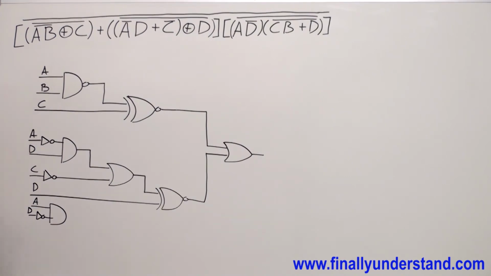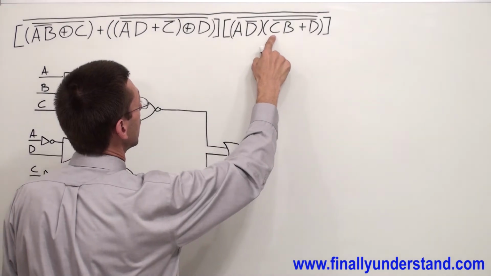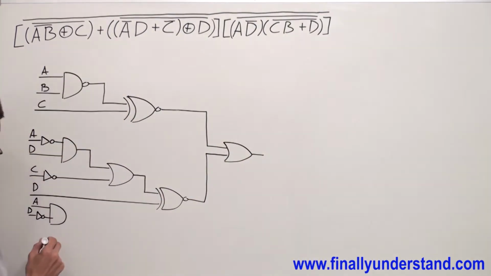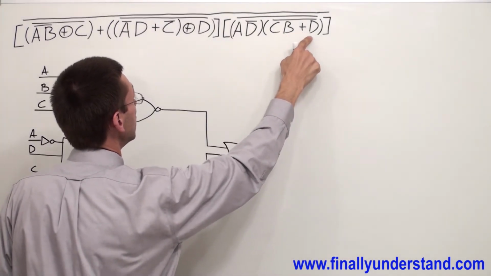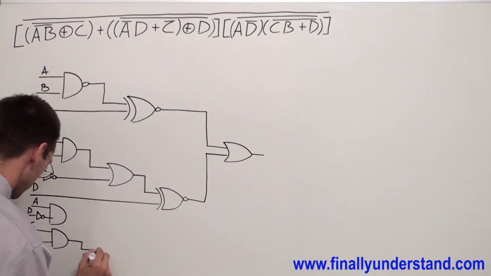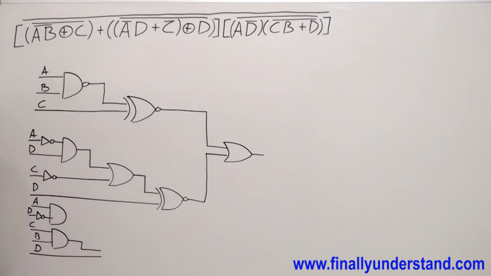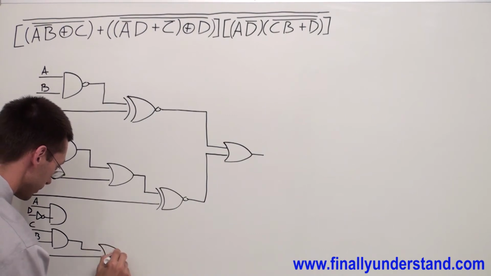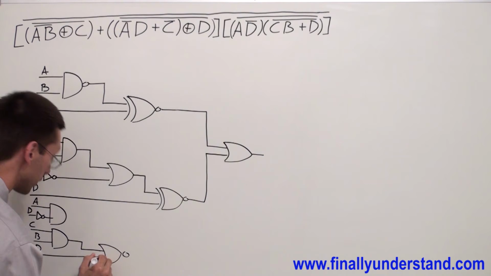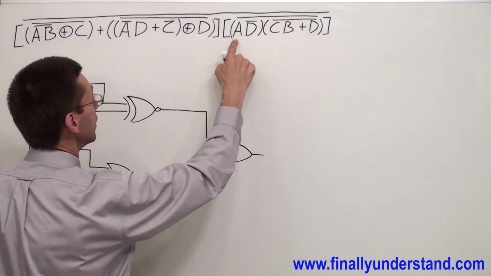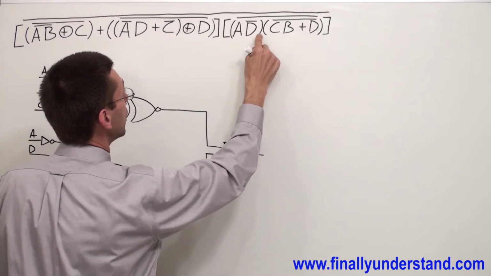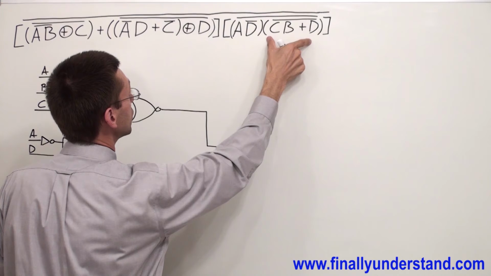And I have another AND gate with inputs C, B, and this AND gate is NORed with D. So this is going to be my D, and it's NORed with D. Now this gate is NANDed with this part of the circuit, with this expression.